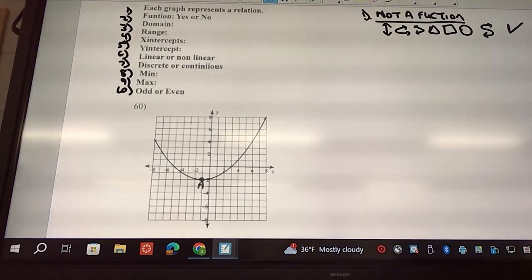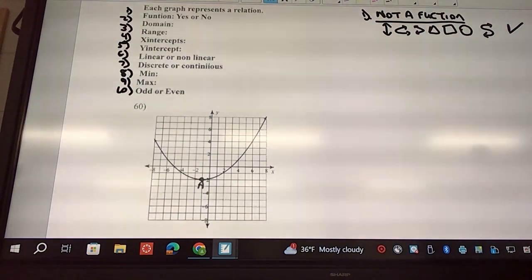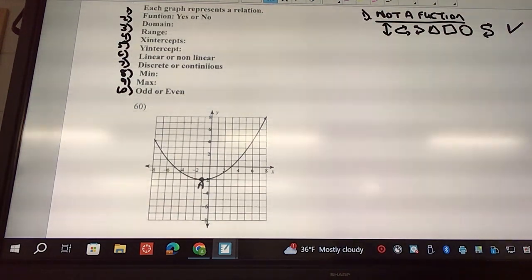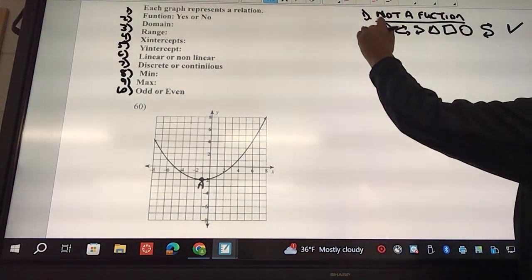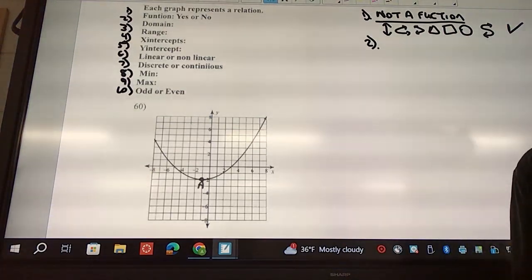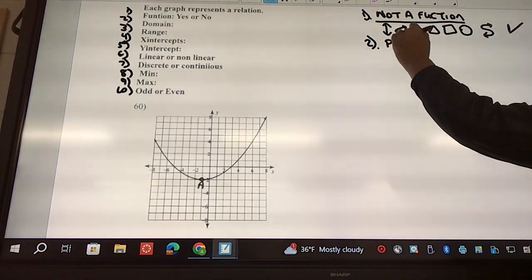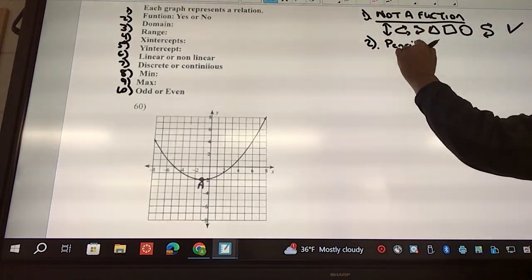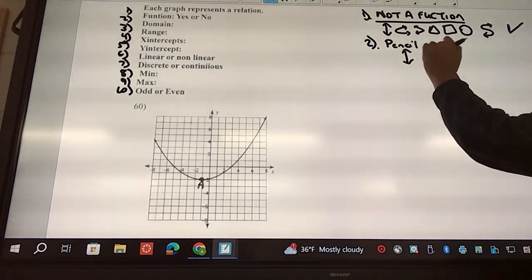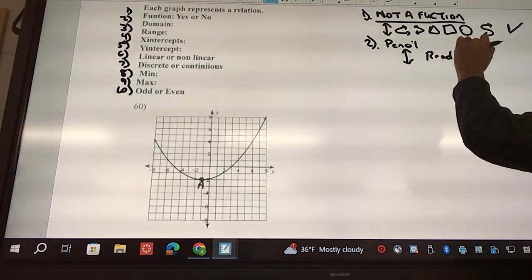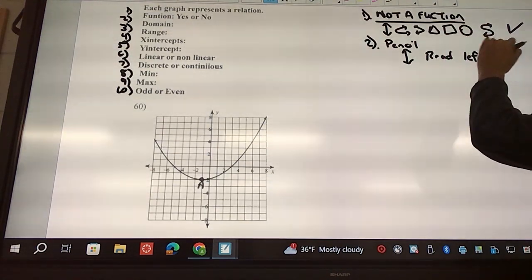Okay, number 2, the domain, we've just covered it. Our pencil goes up and down, and we read from left to right.